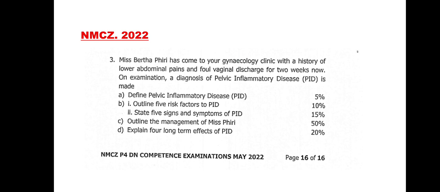Remember when we talked about the signs and symptoms, we described fever, which comes about due to the immune system trying to react to what is happening. So you need to perform the vital signs. You can also do abdominal palpation for tenderness.